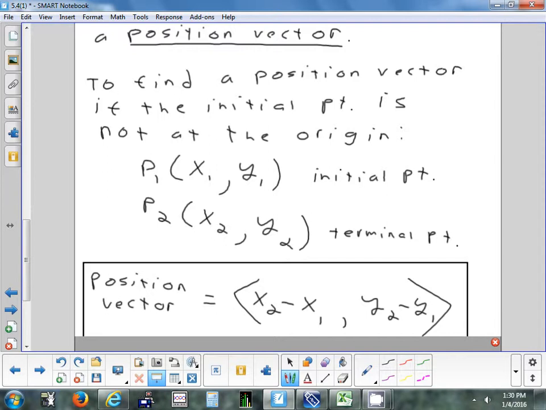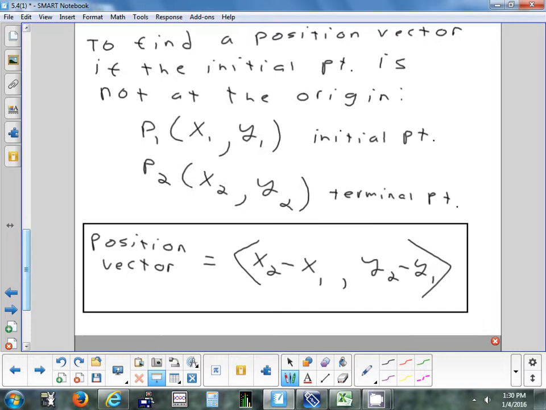Okay, so to find your position vector, subtract your x's, subtract your y's, just like we just did, but it is important that you subtract terminal minus initial. Terminal minus initial. Okay, what would happen if you switch the order you subtract in?